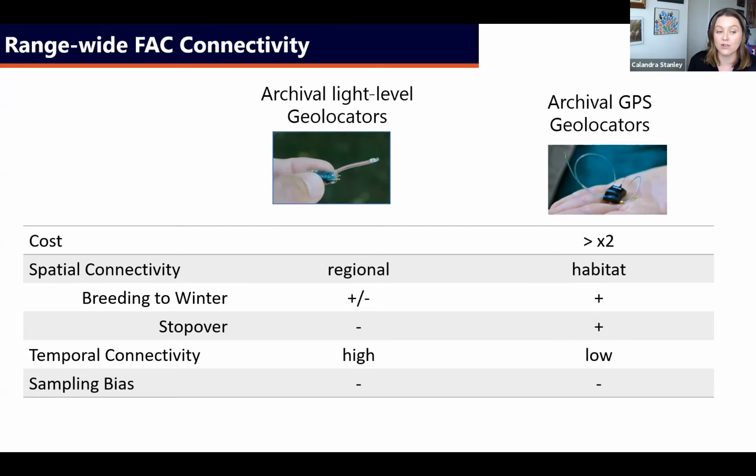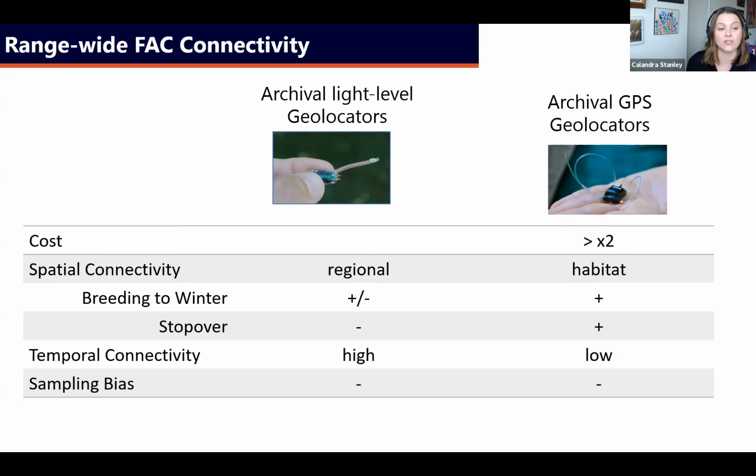By contrast, if you're interested in temporal connectivity, like Ellie was talking about, or timing of migration, light level geolocators are something that are going to give you location estimates twice a day, which is way higher than GPS tags. However, we are going to get a sampling bias due to both technologies because they're archival.